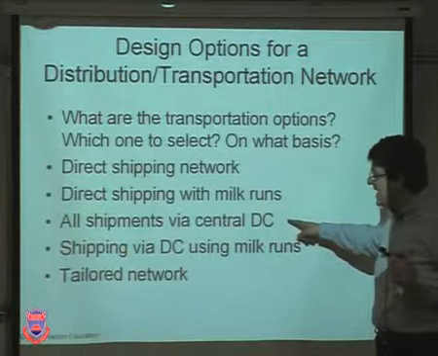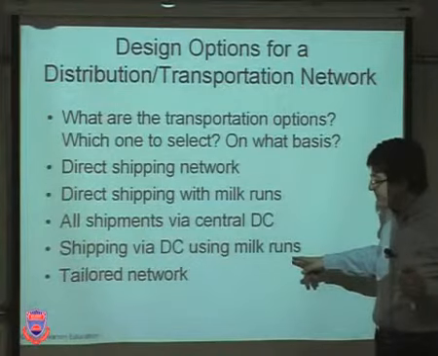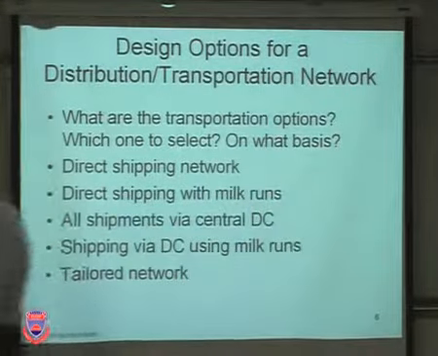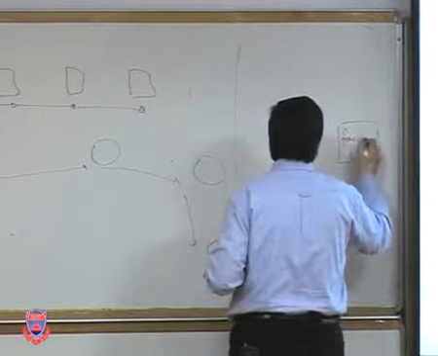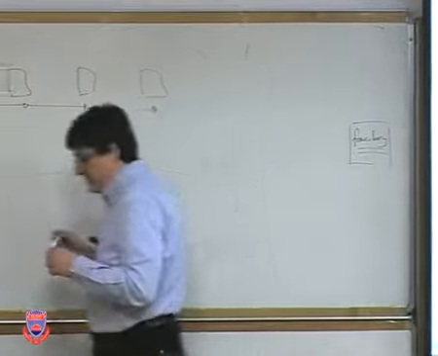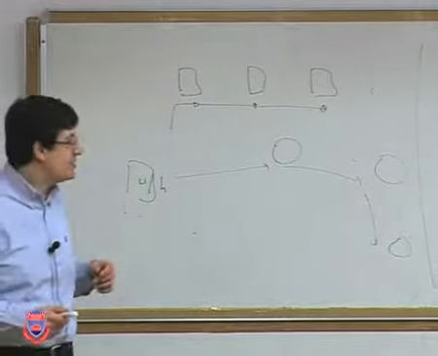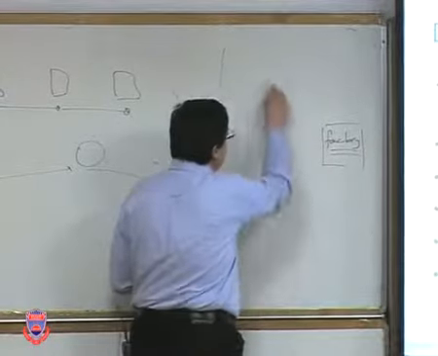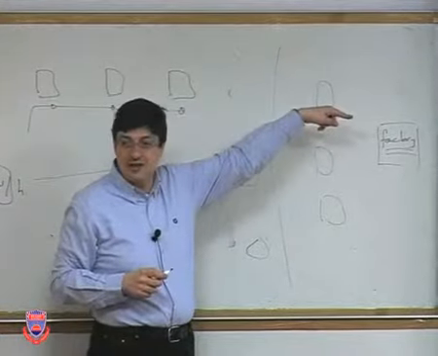All shipments can go via a central DC, or you can use, well, there is also a counterpart for this. Let's say that I have a factory here, and I'm manufacturing on a just-in-time basis. So I have 3 suppliers that are going to supply me some goods, which are all going to be used for the same manufacturing.